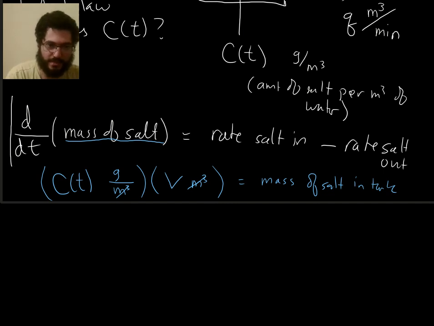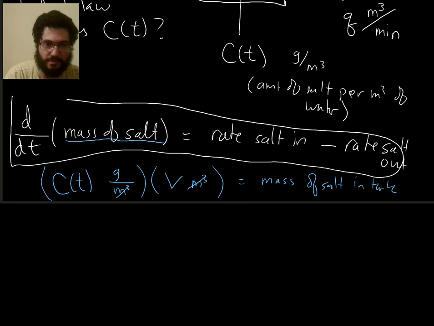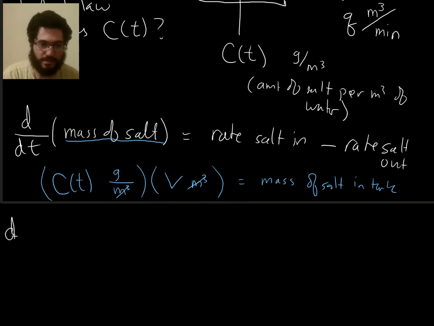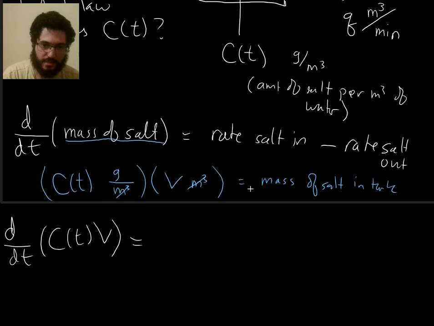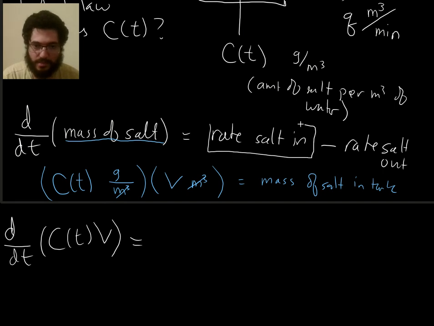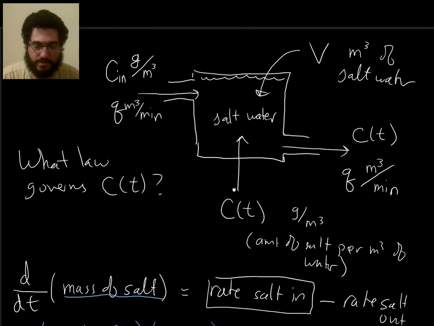So I'm going to follow this template and then just continue to fill things in. I've now filled in this portion. So d/dt of C of T times V equals, and now the rate of salt in. So what's the rate salt comes in? This I have to think about. Let me look over here.